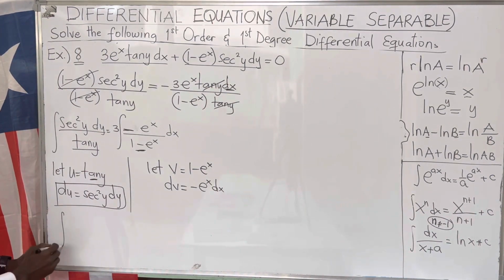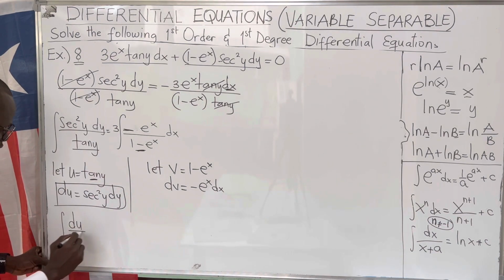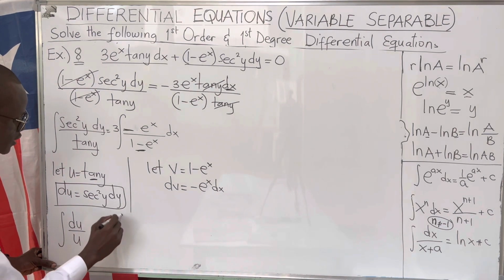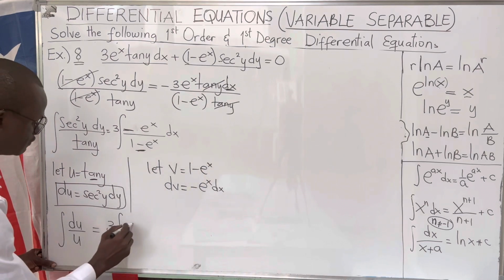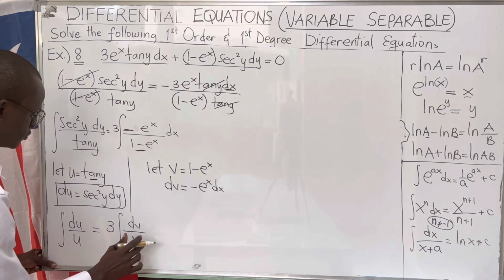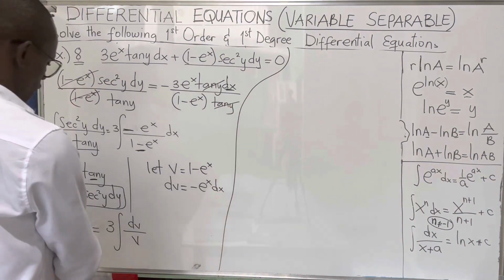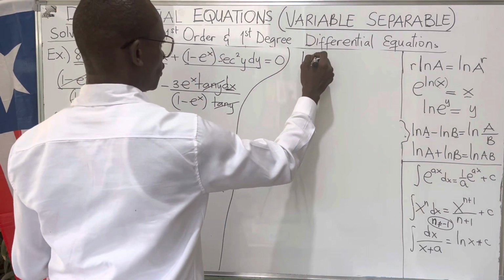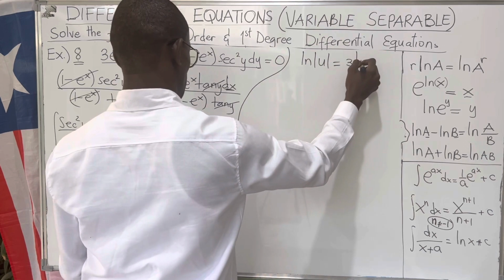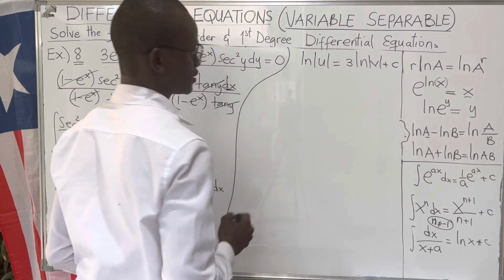We have the integral of du over u equals 3 times the integral of dv over v. So if we integrate, the first one is the ln of u equals 3 the ln of v plus some arbitrary constant c.